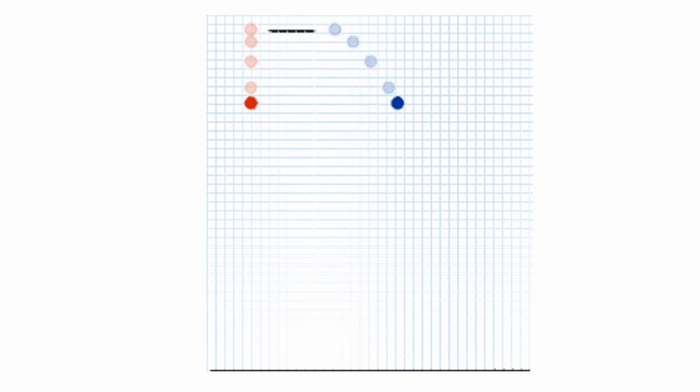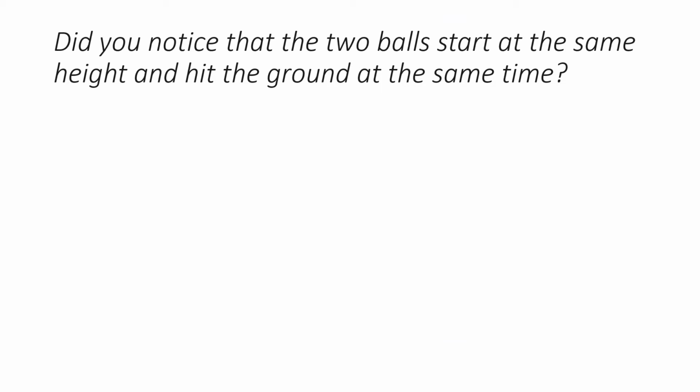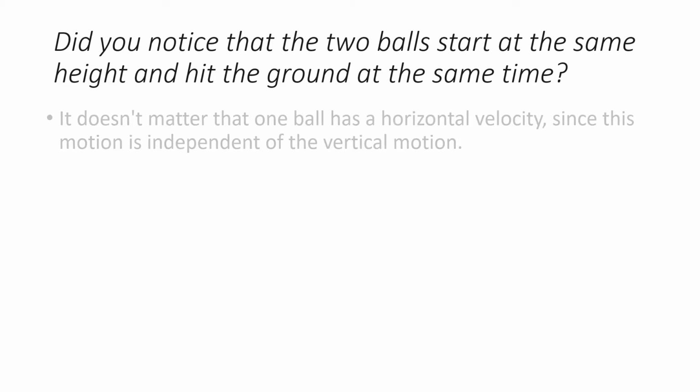So let's look at this really quick. A couple of things that we noticed: they start at the same height, and they also hit the ground at the same time, even though there was some different motion between the two different balls.